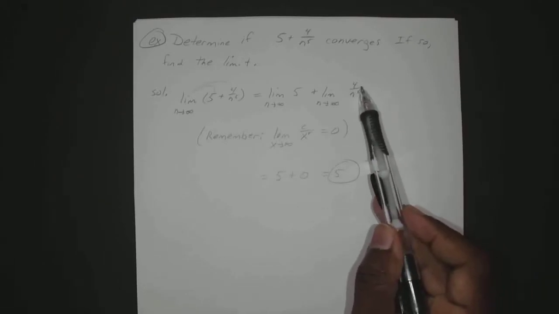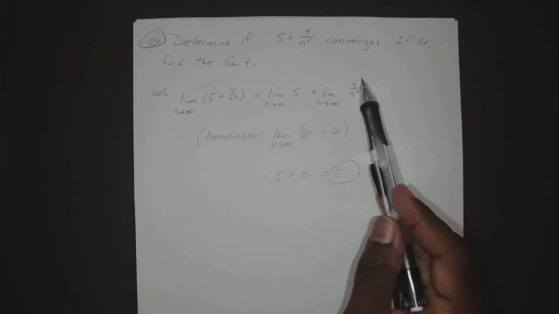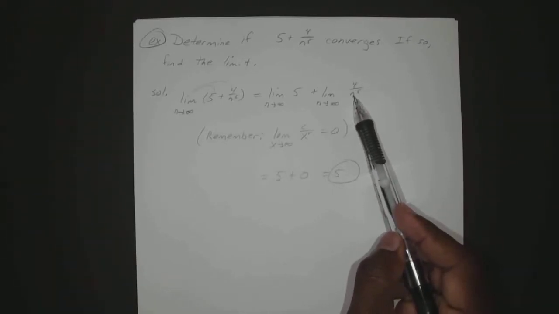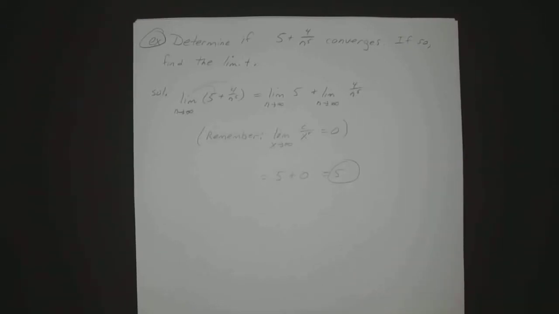Even if you had 100,000 up here, if n gets big enough, 100,000 over a billion to the fifth power isn't going to seem like much. So it's still going to get closer to 0. Does that answer your question? All right. Any other questions?